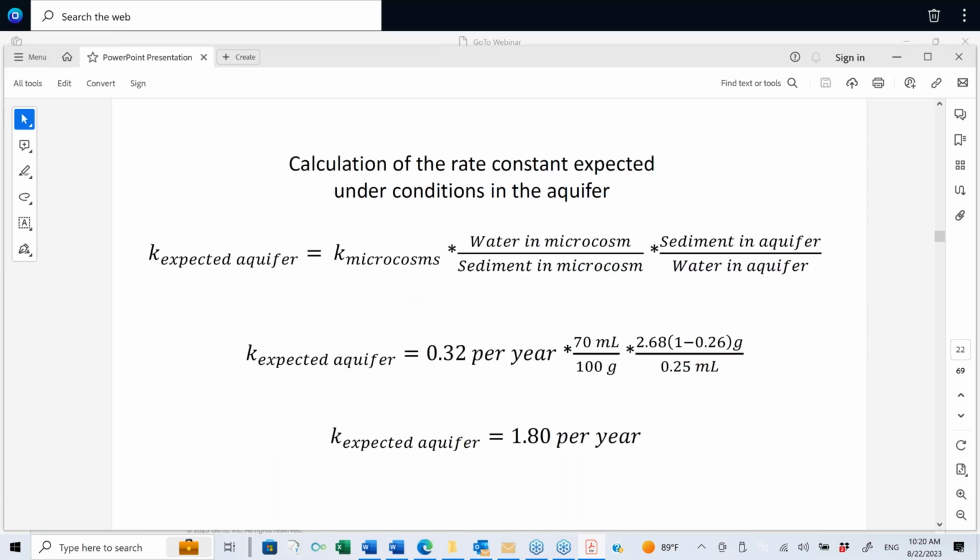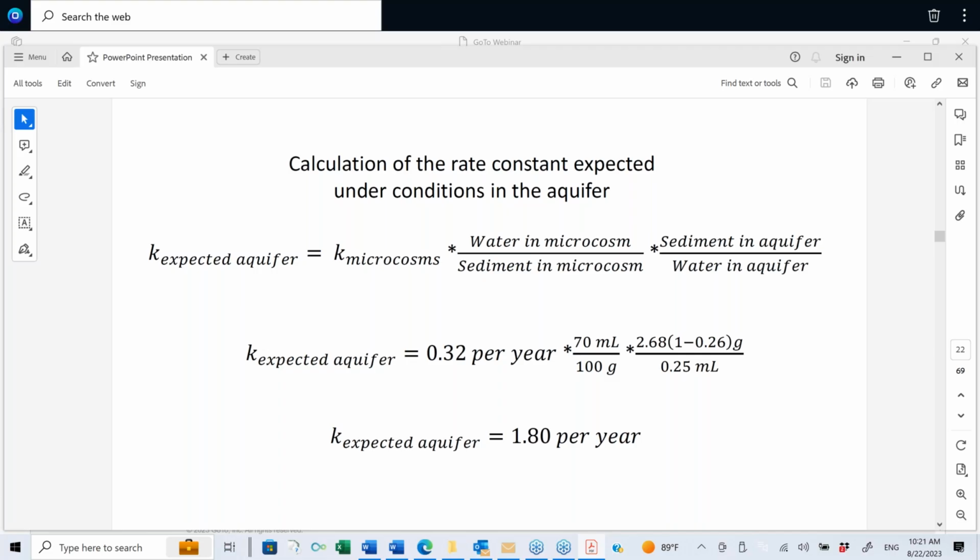The Clemson microcosm has a lot more water in it than natural sediment does. And so the magnetite or the reactive agent, whatever it is, in the microcosms has to degrade much more TCE or cis-DCE than it would if it were only degrading the cis-DCE that would be in a natural amount of water.